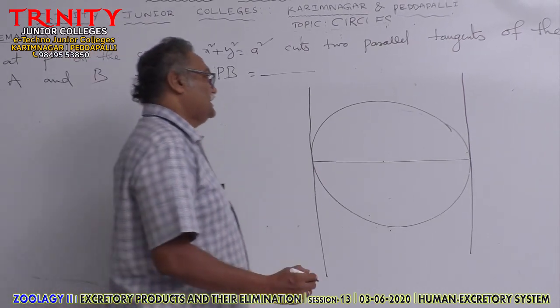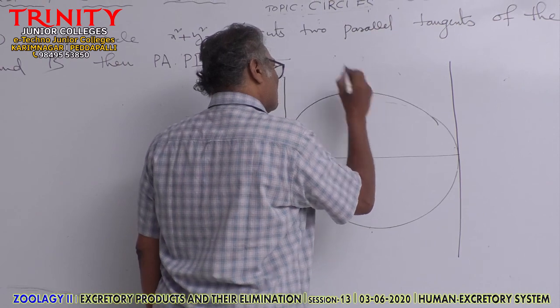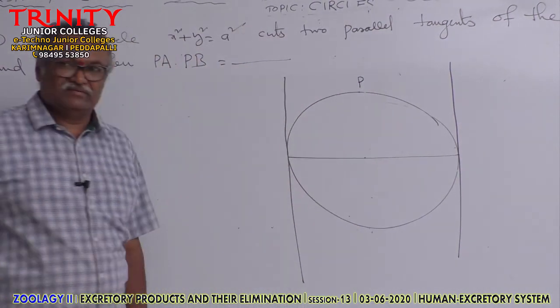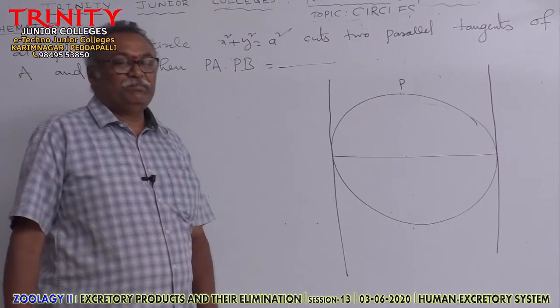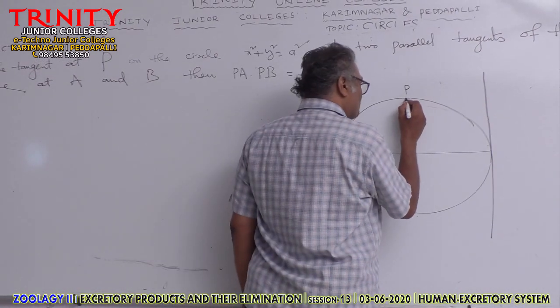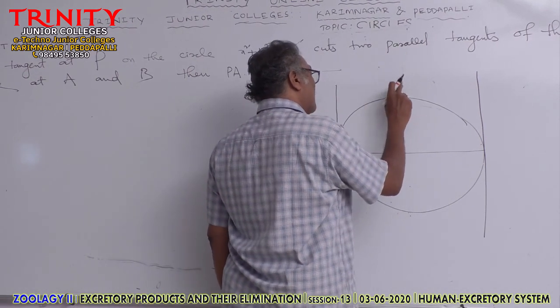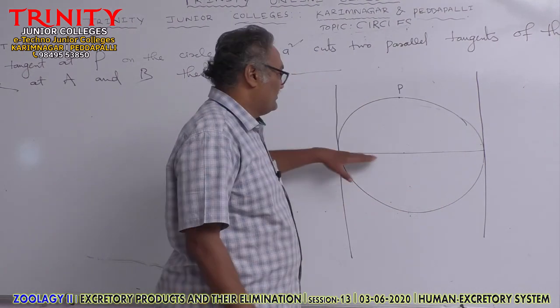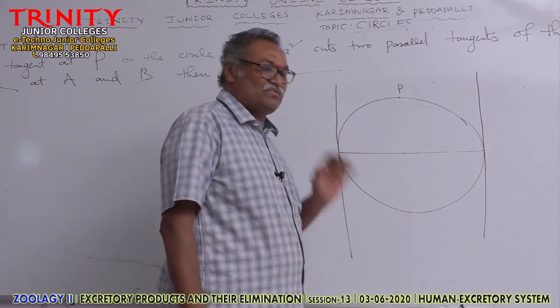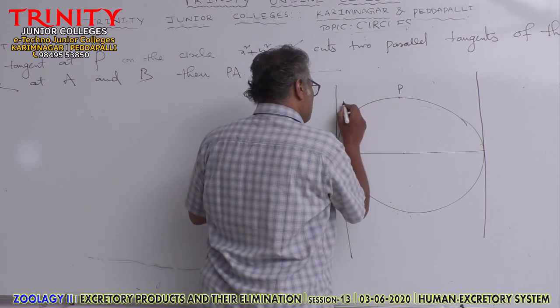Here, take the point P here. For our convenience, take the point P here. Here the coordinates of this point are (0, a). It is x-axis, it is y-axis.